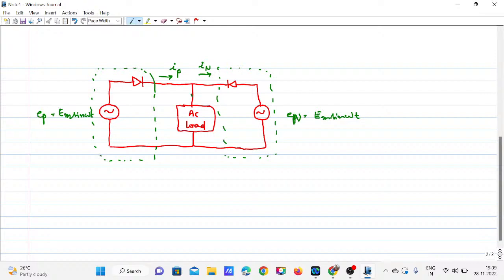And this is the current I naught, and the voltage E naught will be plus and minus. So this is the positive converter and this is the negative converter, and these two converters have to be controlled by a control circuit.